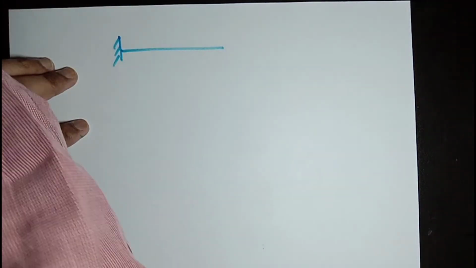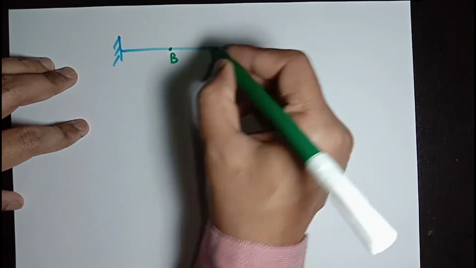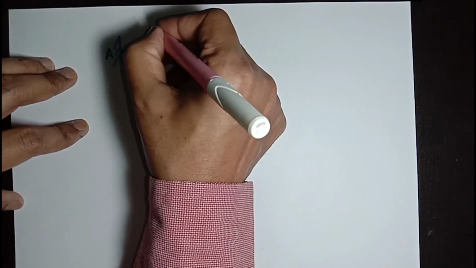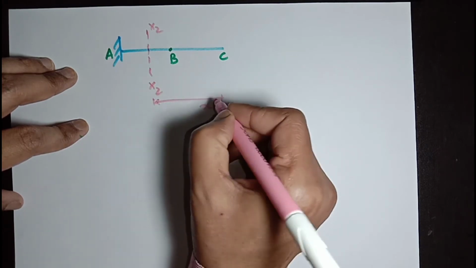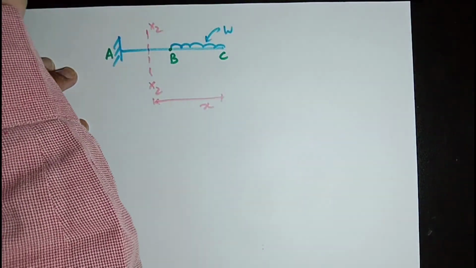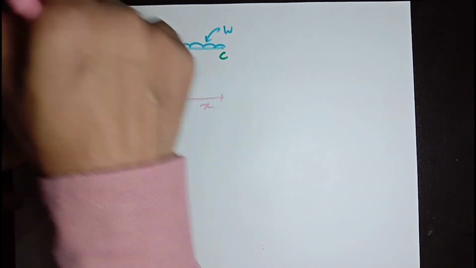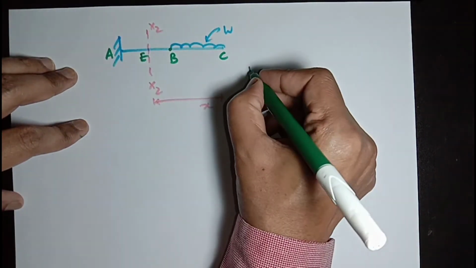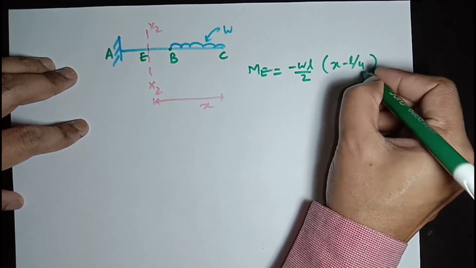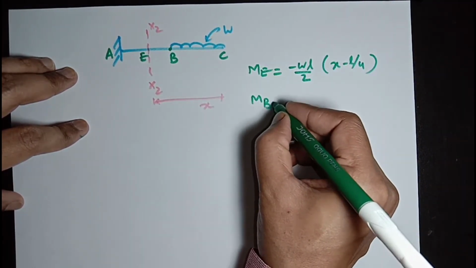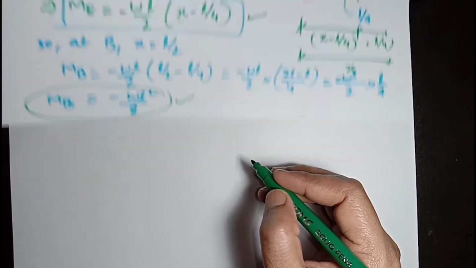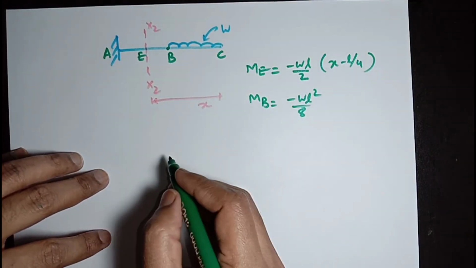This is the beam, and this is center of this beam B, free end is C, and fixed end is A, and I have taken any section x2 here, at a distance of x from point C, and this is the loading W here, and for Mxx2 we have taken any point here which is E, and ME value was calculated as minus WL by 2 x minus L by 4, and MB was calculated as minus WL square by 8 from this expression. Now I am going to find out bending moment at A.